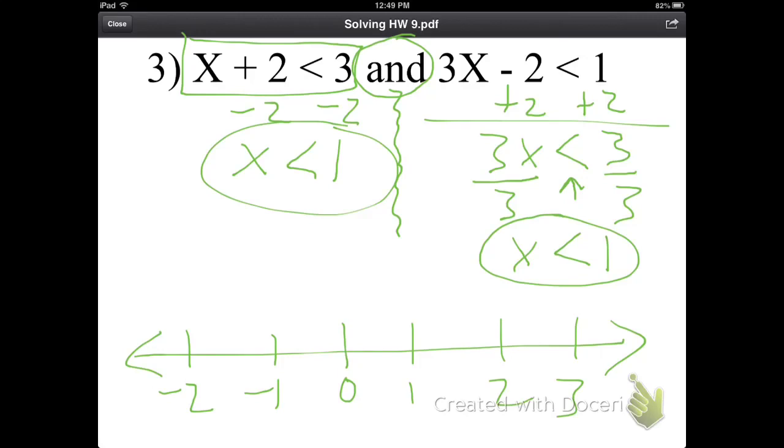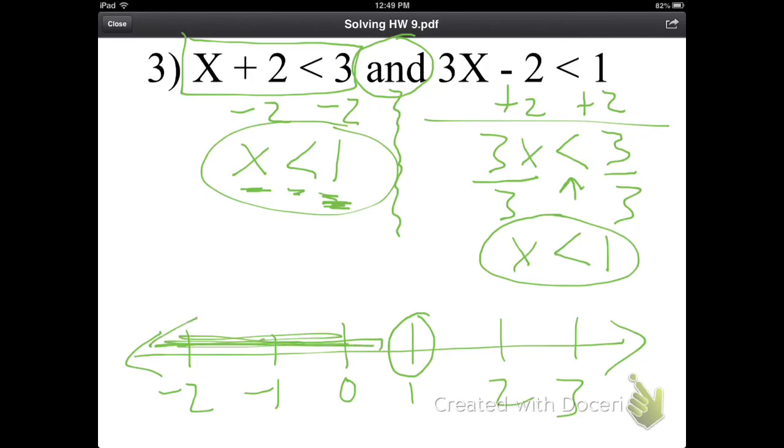When you're graphing, look at the number in your inequality, and you're going to put a circle there. It is going to be open because there's no line under the inequality symbol. There's no line, so no fill. And this says x is less than 1. So I'm going to shade the numbers less than 1.